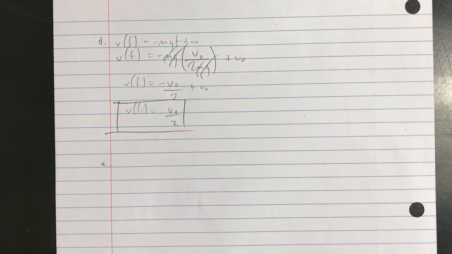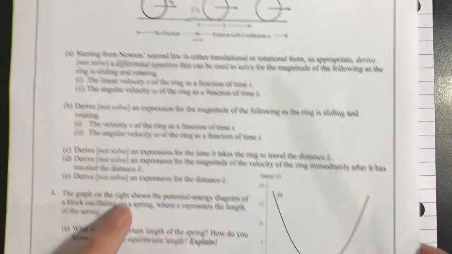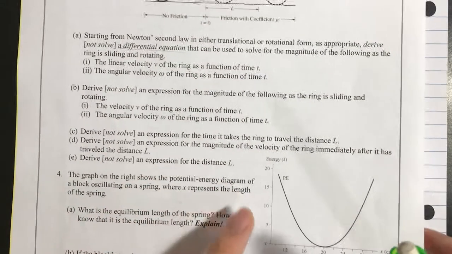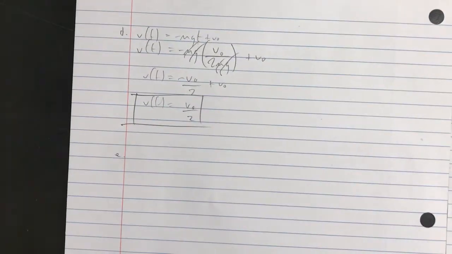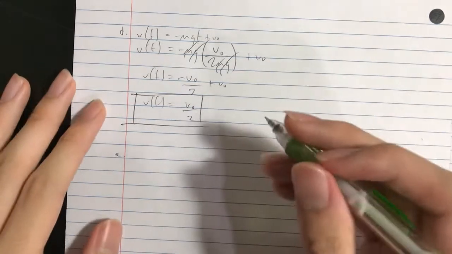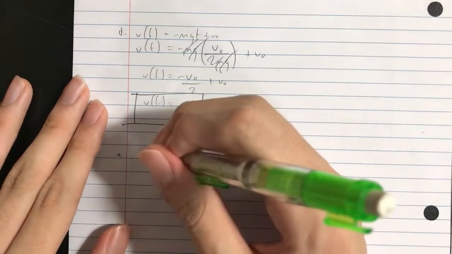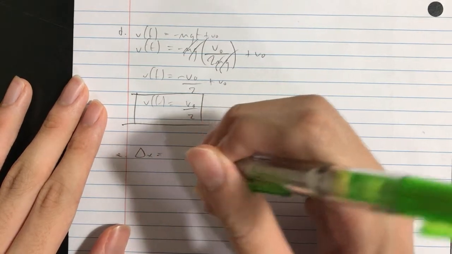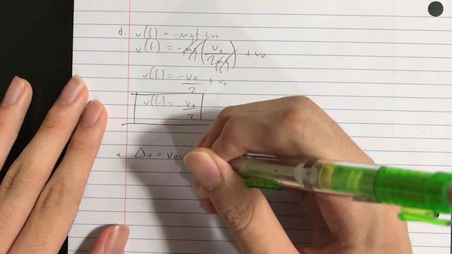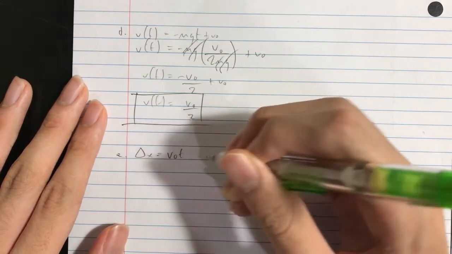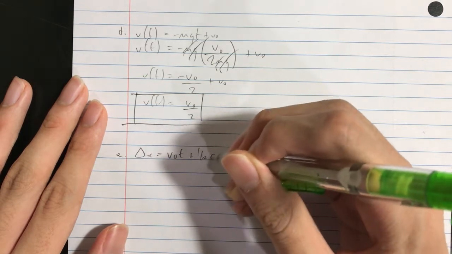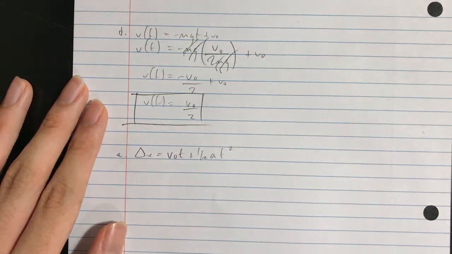Lastly, part E. Derive an expression for the distance L. We can actually do this multiple ways because we have many different formulas that have velocity, acceleration, time. I will use the position formula. Delta x equals v0 t plus 1/2 a t squared.